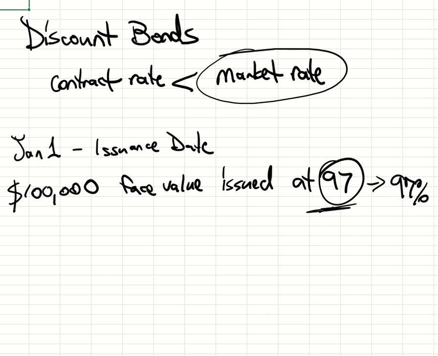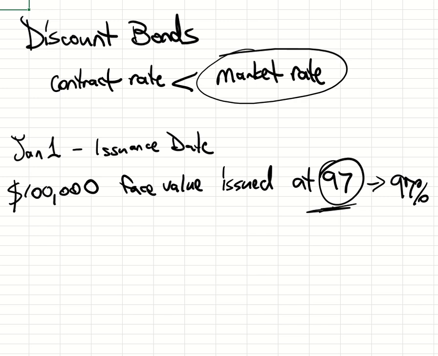If it's 99, 98, 97, 96, 95, etc., of $100,000 or of a face value amount, that lets you know it's issued at a discount. If it's 100 or higher, so if $100,000 face value is issued at 101, 102, 103, that lets you know that the bond was not issued at a discount.